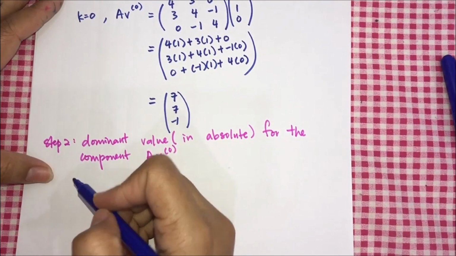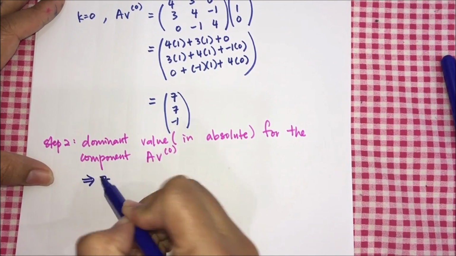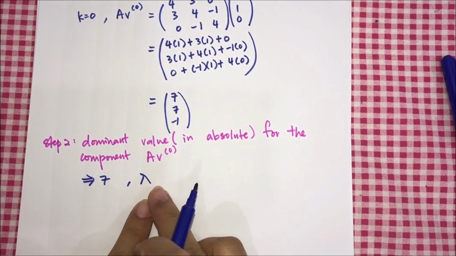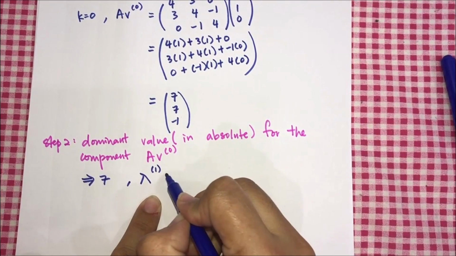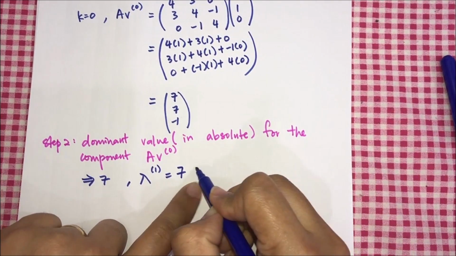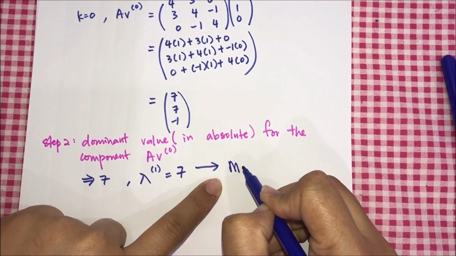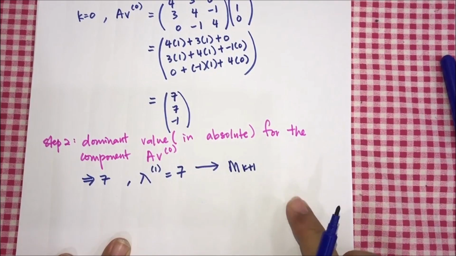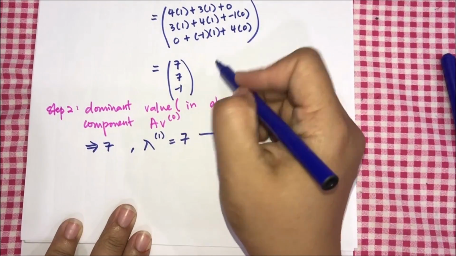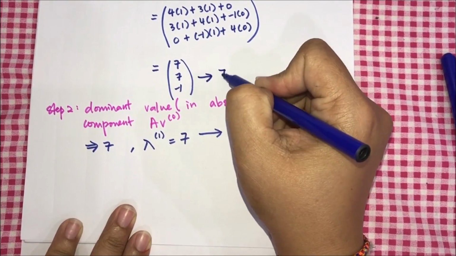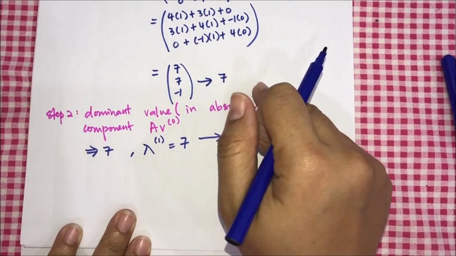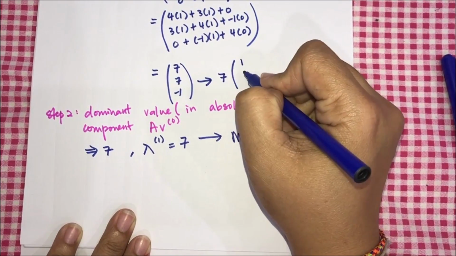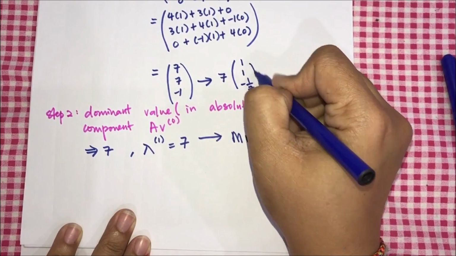That means our first dominant value is 7, which is our m(k+1). So we take the dominant value, put it outside, that means 7 here, then 1 here, and negative 1 over 7.